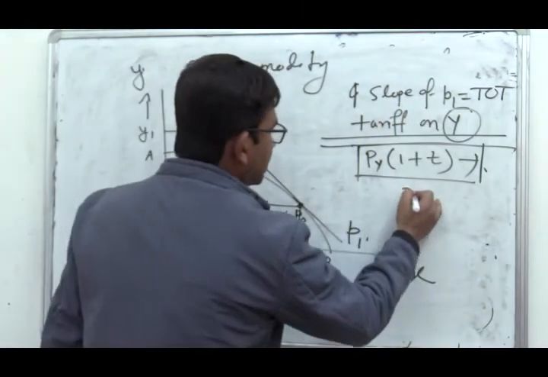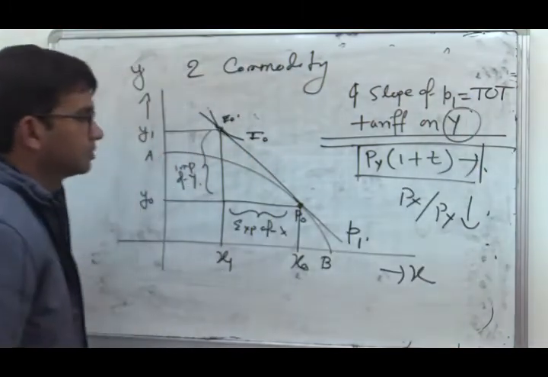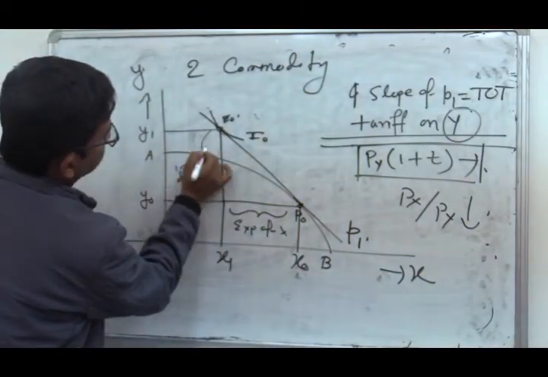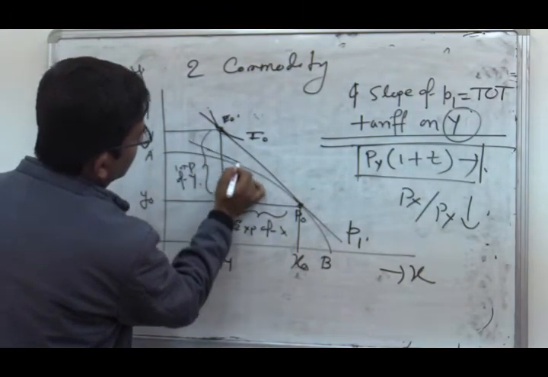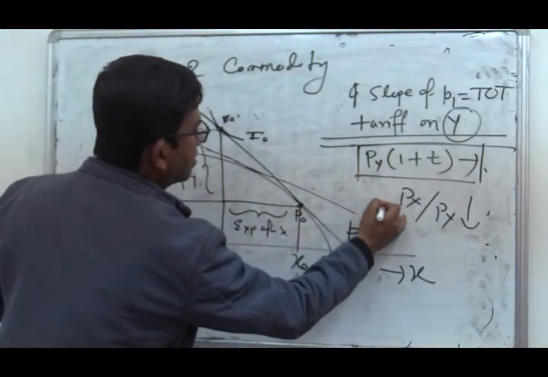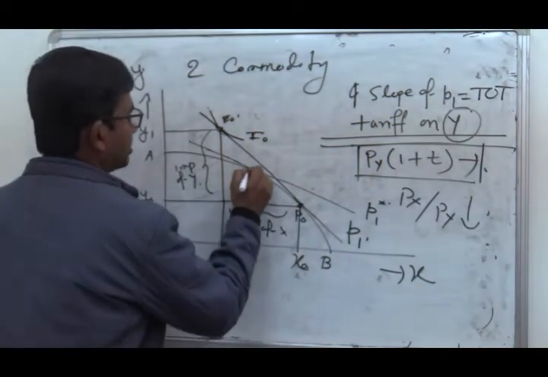So what we will see? Definitely in the domestic market, the Px by Py ratio will be represented by a flatter straight line P1 star.